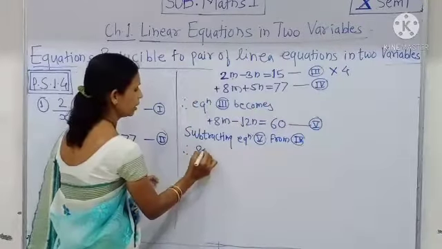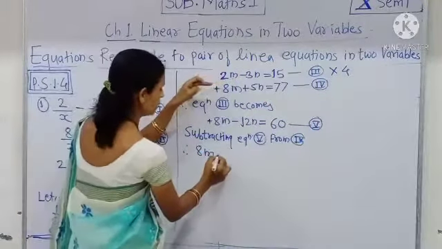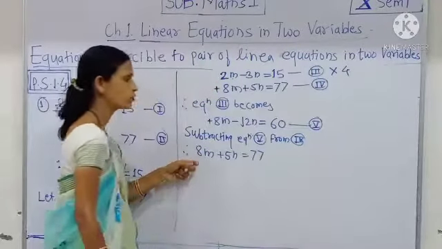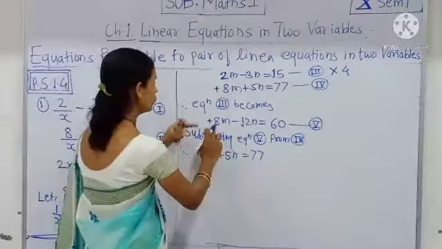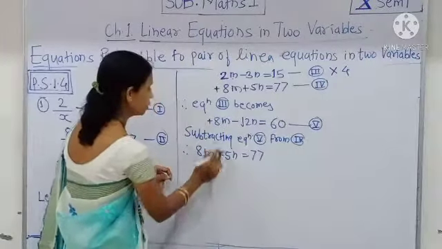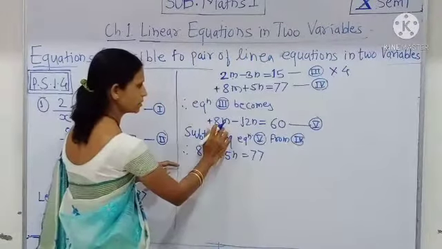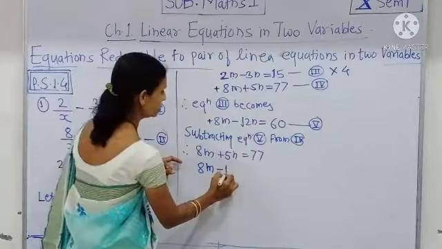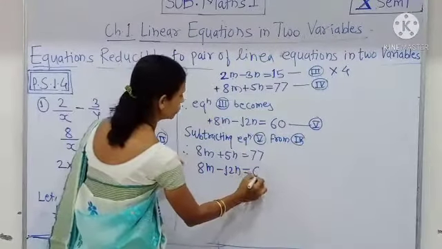Therefore 8m plus 5n is equal to 77, that is the fourth equation. Then we have to write the like terms below the like terms of the fifth equation, that is 8m minus 12n is equal to 60.